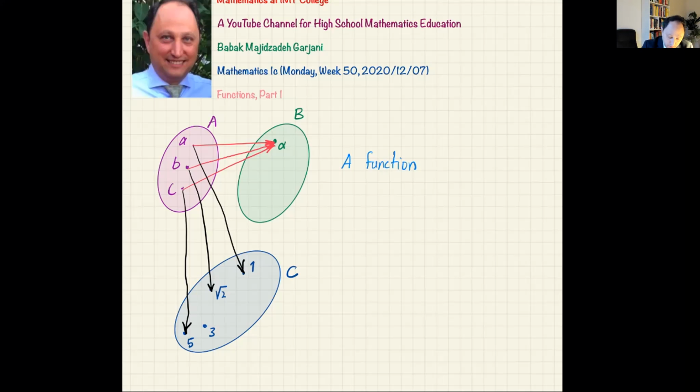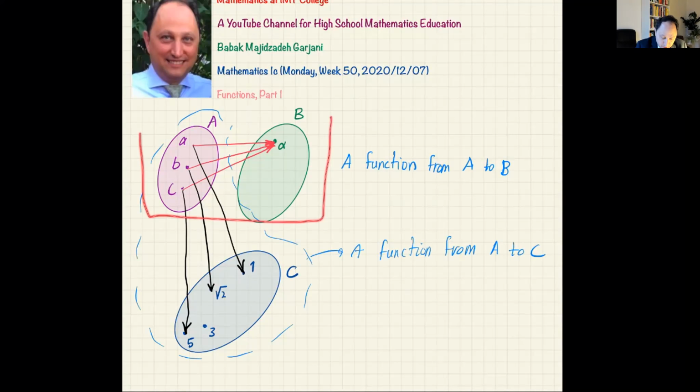So let me make this clear a little bit. So yeah, this is a function from A to B. This part is a function from A to C. Something like this. But here, if I ask you, what is the domain of this function?